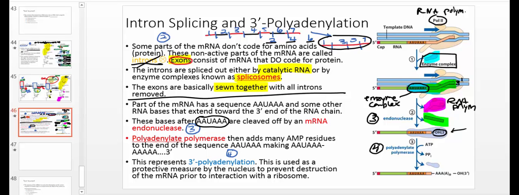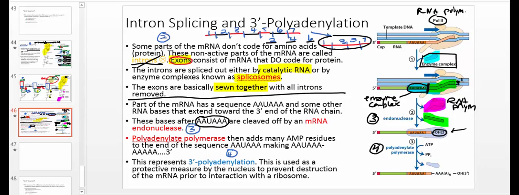If you wanted to know what an endonuclease is, it's essentially an enzyme that finds some segment somewhere in the middle of the RNA, and it cleaves off everything to one side of it. In other words, the place I'm targeting is right there where I'm highlighting. That's where the endonuclease is targeting, and all that business that I highlighted in green gets hydrolyzed off.